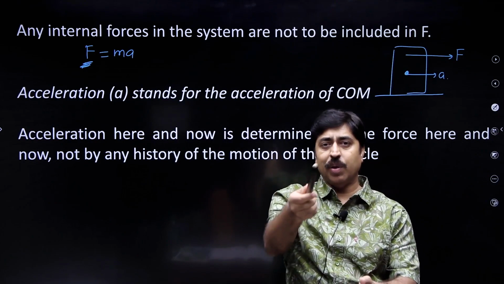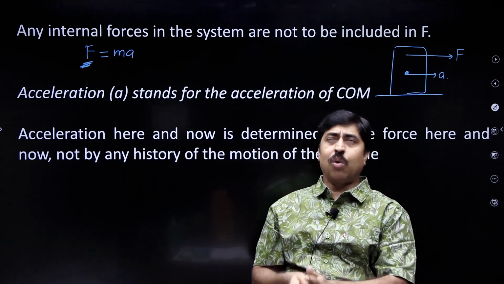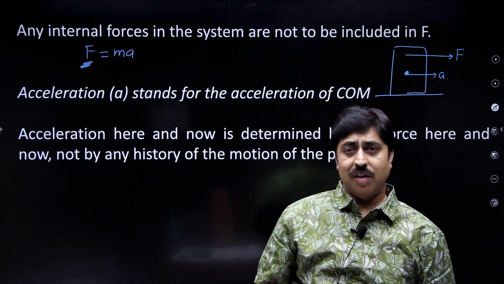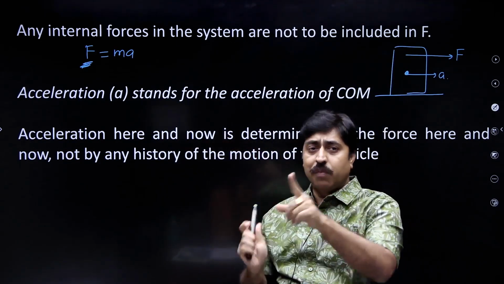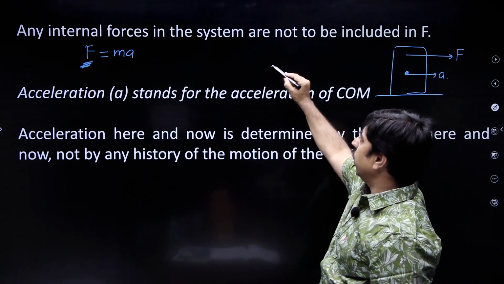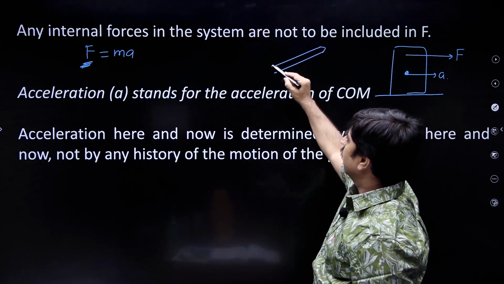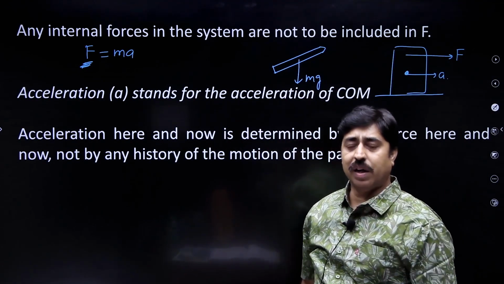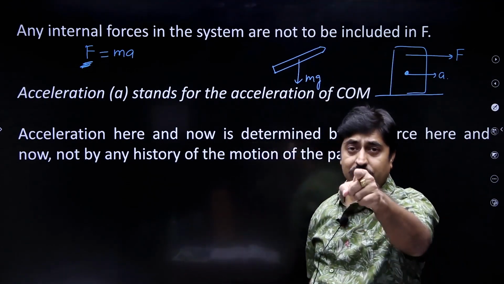For example, look at this pen. When I throw this pen in air, it performs a very complicated motion, isn't it? But when it is in air, only one force is acting on this pen, and that is weight force, mg, in vertically downward direction. So, net external force is mg.